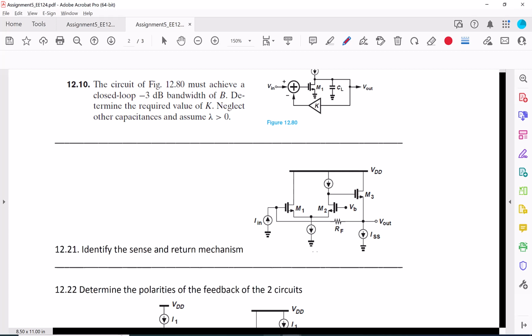The input is current, right? So this is a source follower, I agree, right? But is this a differential input? I'm tricking you. Is this a differential input?